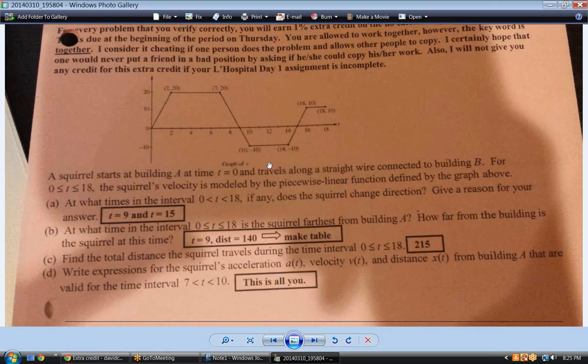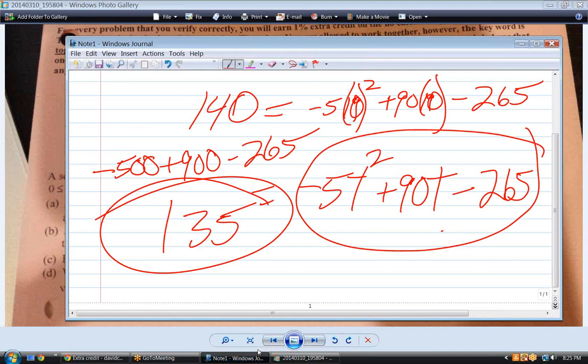So at 10 seconds, the squirrel has gone backwards by the area of that little triangle, which is 5 or 50. Why am I off by a factor of 10? I did my math wrong, didn't I?